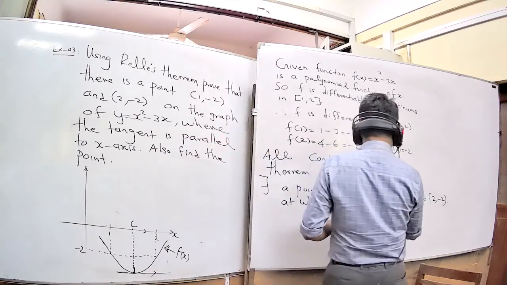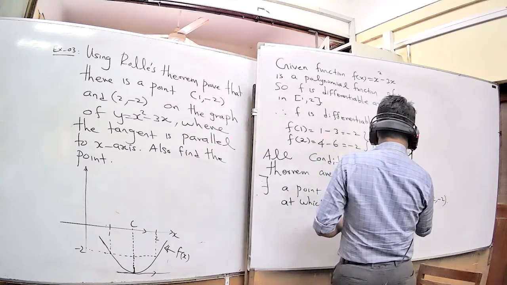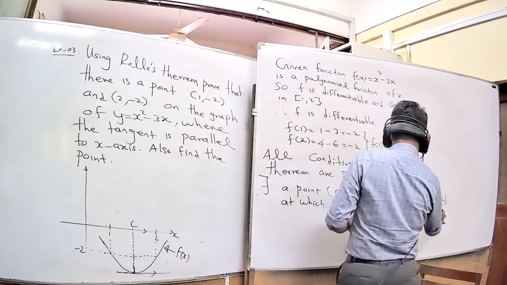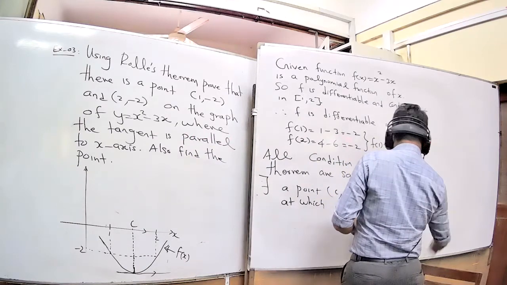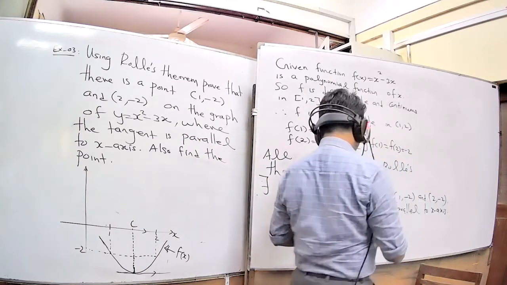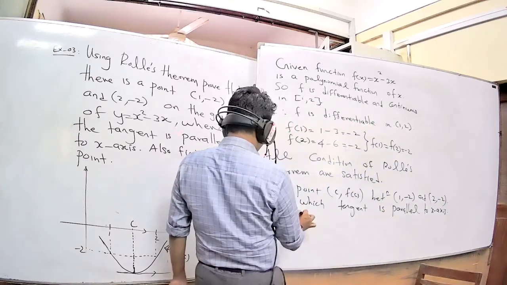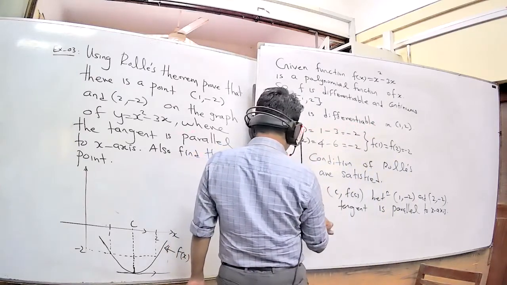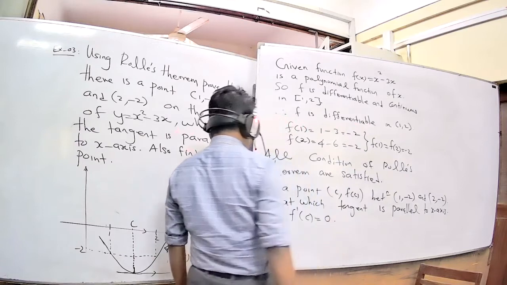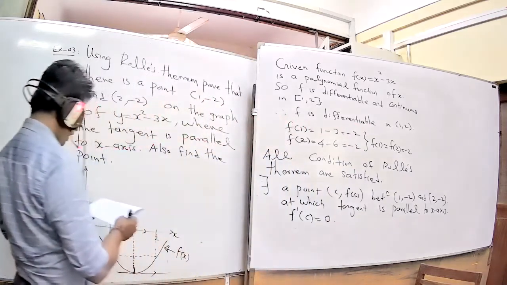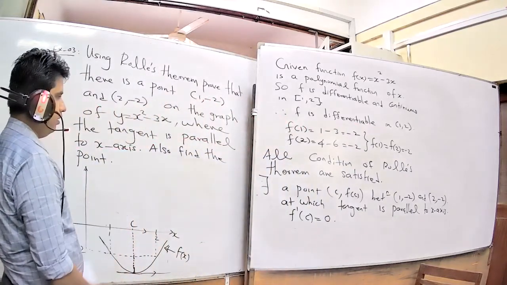That means f dash of c equal to 0. From this one, you can find the value of c.